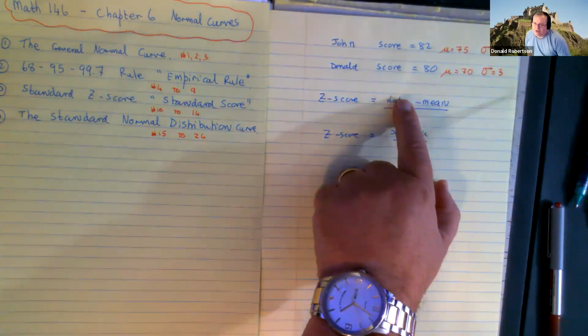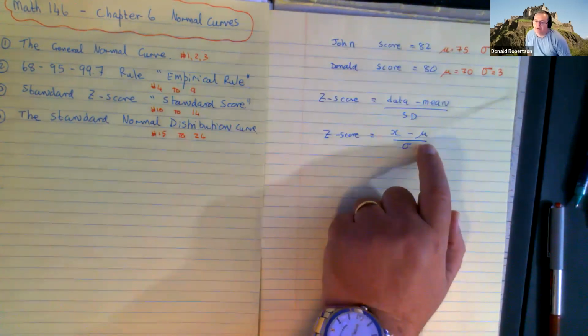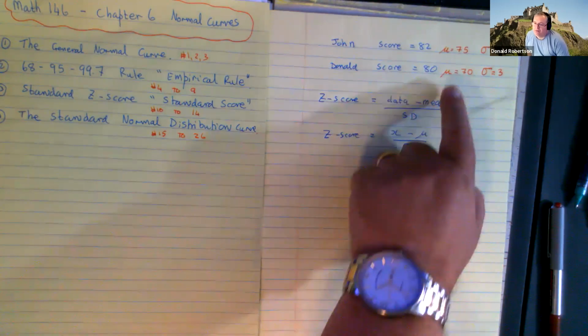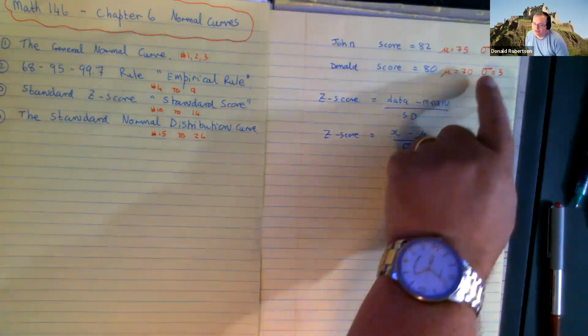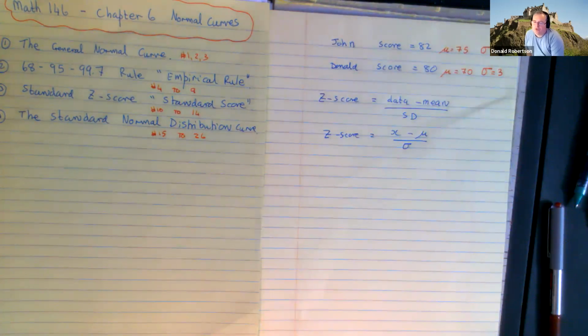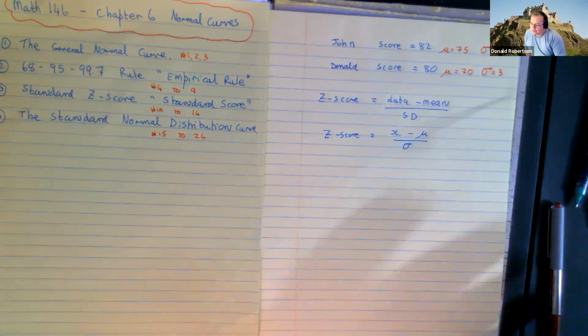X is the data, the score, if you prefer. Mu is the mean, and sigma is the standard deviation. So what we're going to do is calculate the Z-score for John and the Z-score for Donald. And the person who got the biggest Z-score did better than the other one. You see, that's a fairer way of comparing two things.